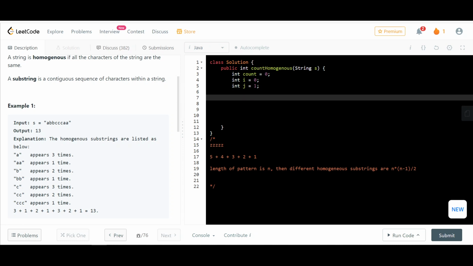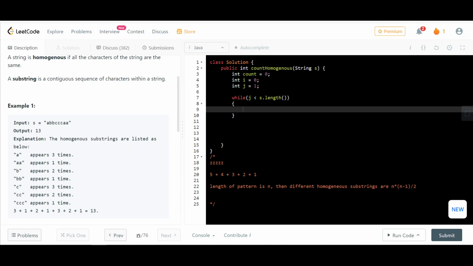And then you go while J is less than s length. I prefer for, but let's try while.